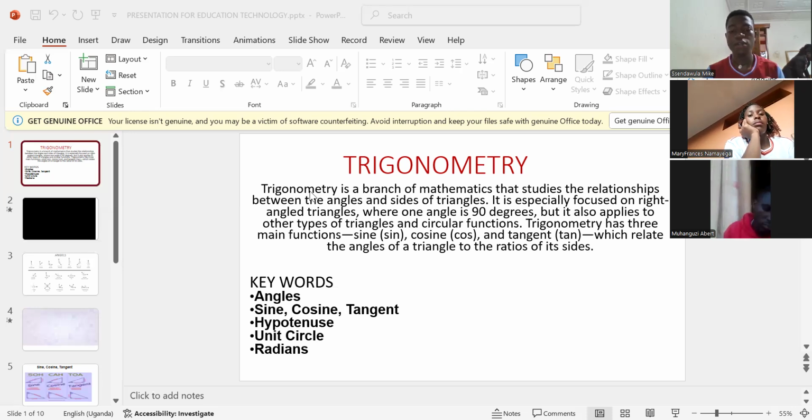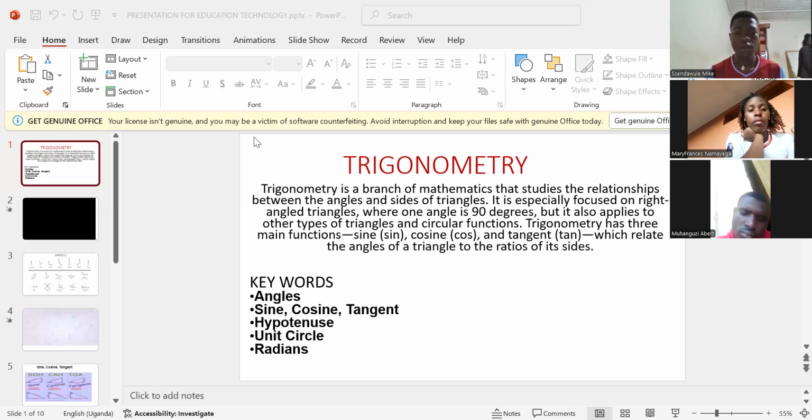However, it has some other key terms, where we have angles, the hypotenuse, the unit circle, and then the radians. We are going to look at them one by one, and we are going to go deep and see what these terms or keywords mean in general.